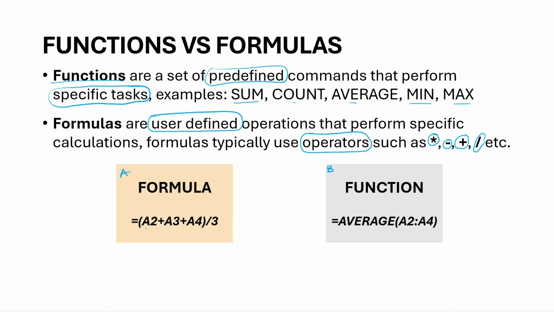Using the formula, we are actively typing A2, then the addition operator, A3, A4, and then dividing by the number, which is 3. Whereas if we want to find the mean using the function, we simply write equals AVERAGE and give the range of that input, which is A2 to A4, as we see here. Just to note quickly, functions can be used in formulas.